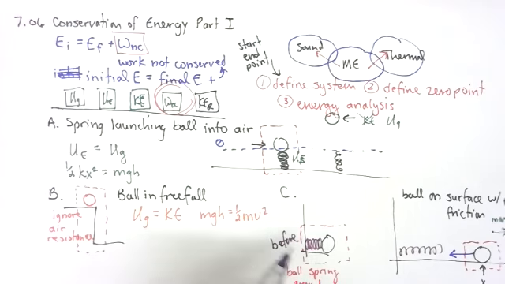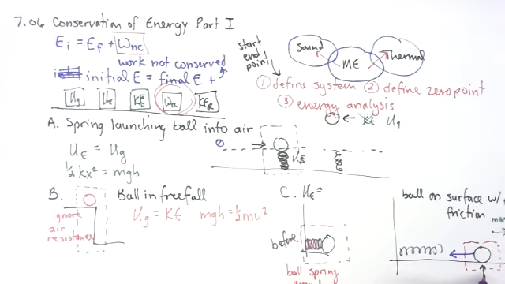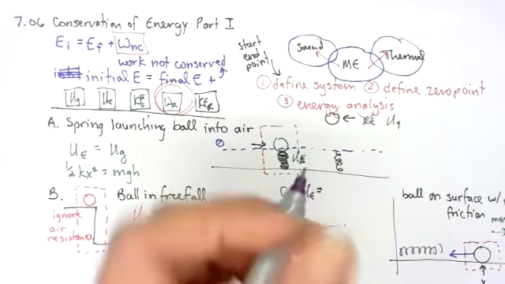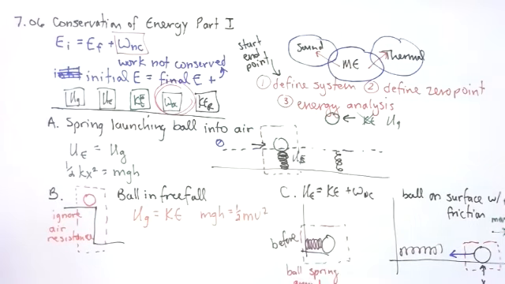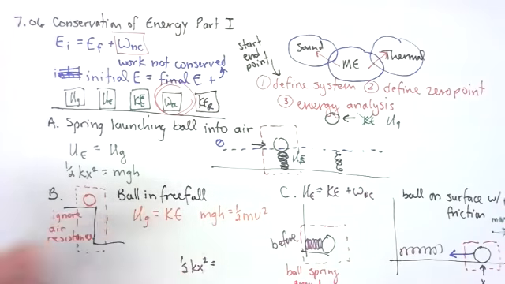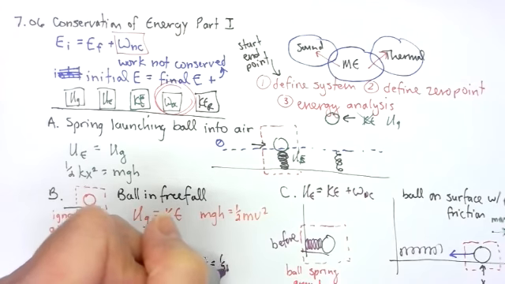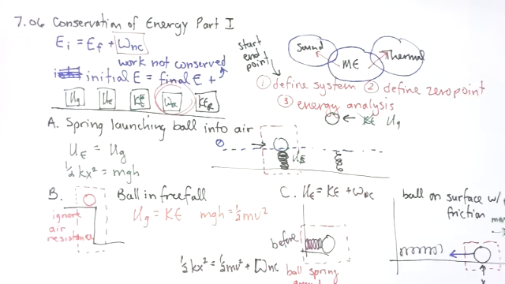So starting off, I've got elastic potential energy. And at the end, I'm going to have to do work not conserved. And what else do I have? I'm moving. So I'm going to have kinetic energy, and I'm going to have work not conserved. So when I expand this formula, that's going to give me 1/2 kx squared equals 1/2 mv squared plus work not conserved.